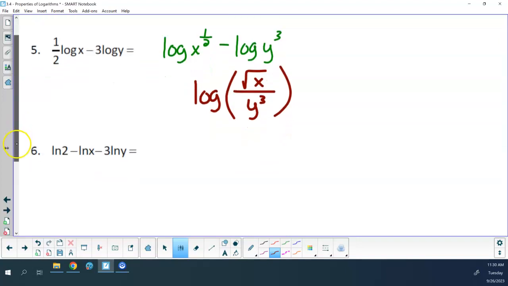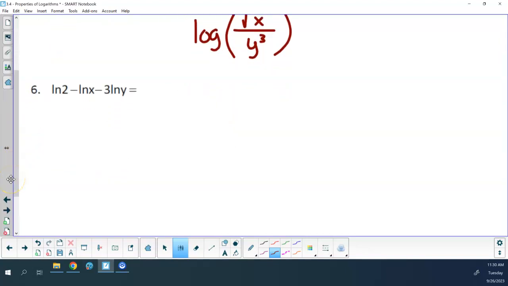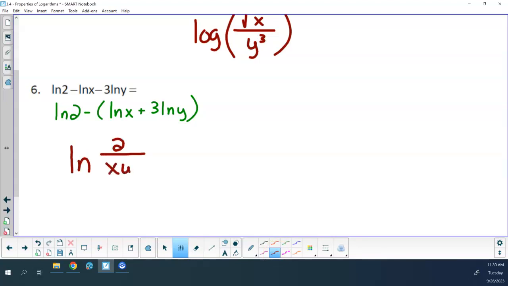Here in number 6, normally I would have said, yeah, just go do it. But here, because we've got minus and minus, if you write it like this, then in the end you should get the natural log of 2 divided by x y cubed.